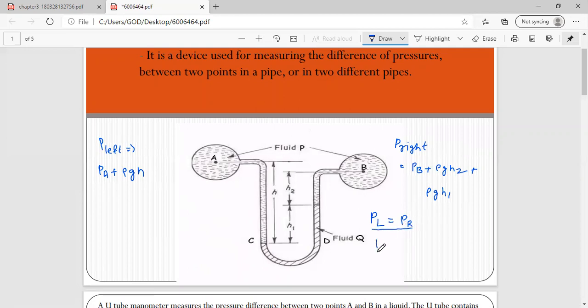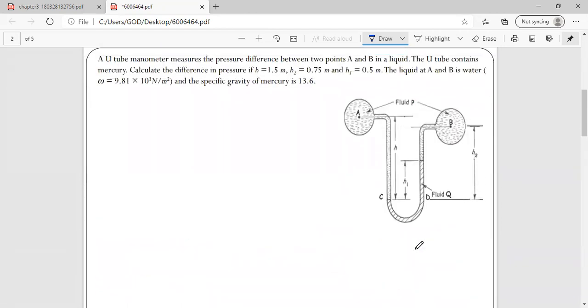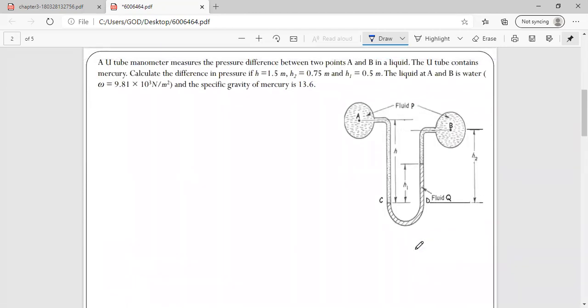If we equate this, you will get the equation PA plus rho g h equals PB plus rho g h2 plus rho g h1. I know all the fluid properties, so I'll get the difference of pressures, as we did in the last class. Depending on that, we'll solve problems.